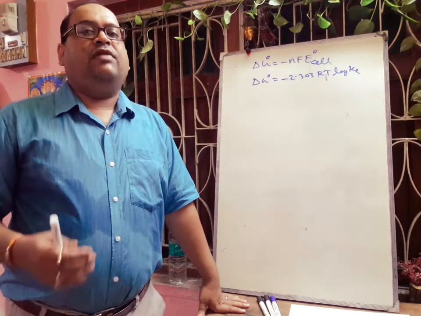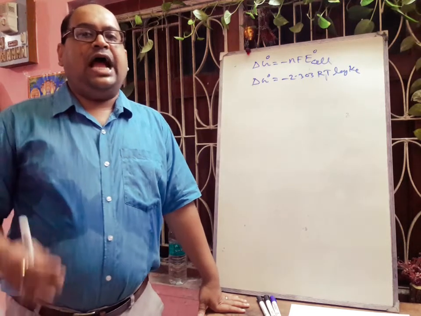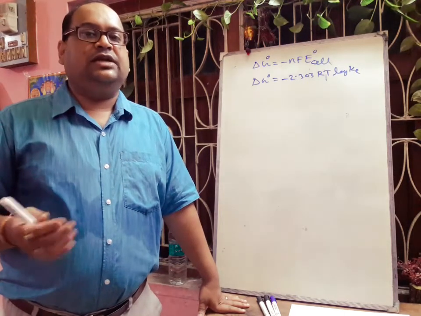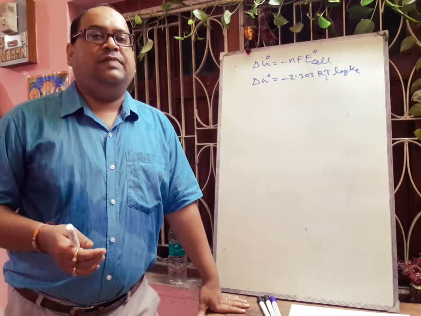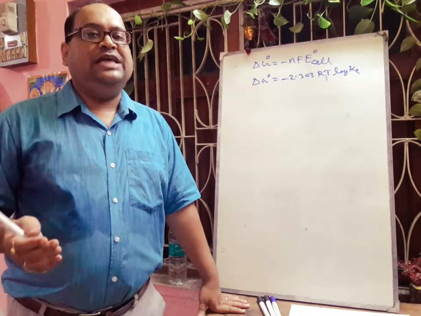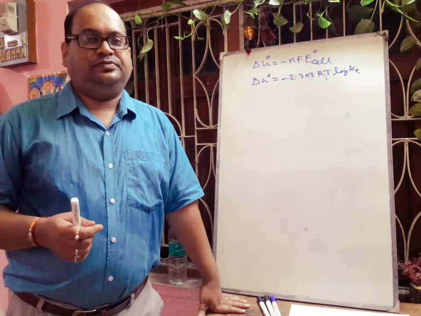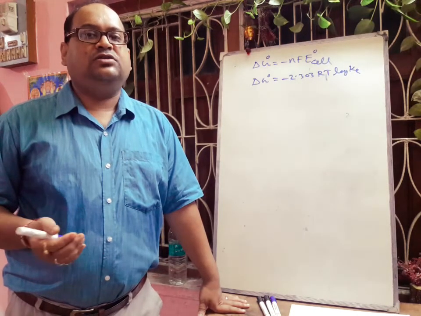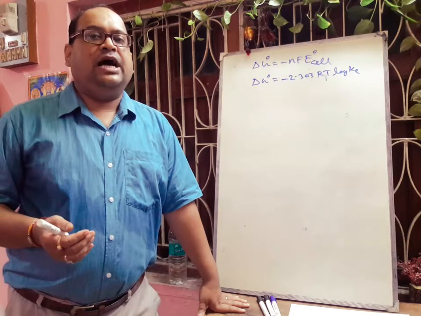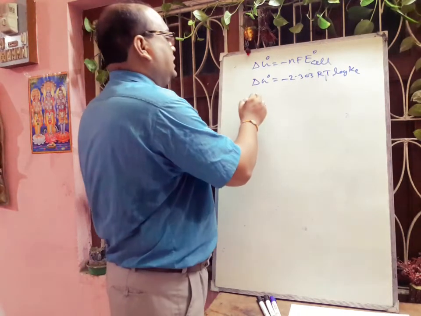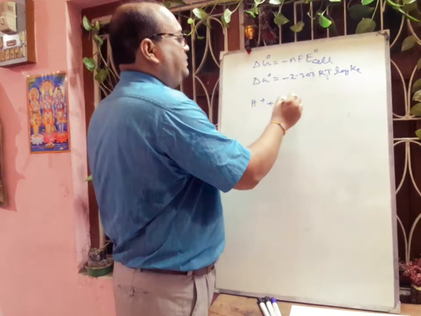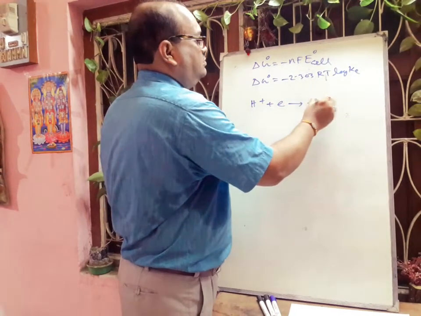From the value of E cell and the standard electrode potential, the unknown concentration of H+ ion, that means pH, is determined. For a hydrogen electrode having unknown concentration of H+, we can write this equation: H+ accepting one electron forming half H2.